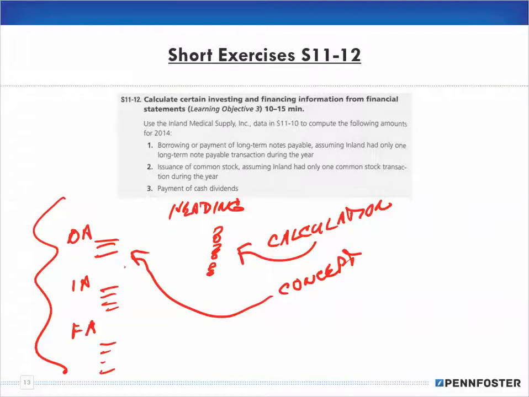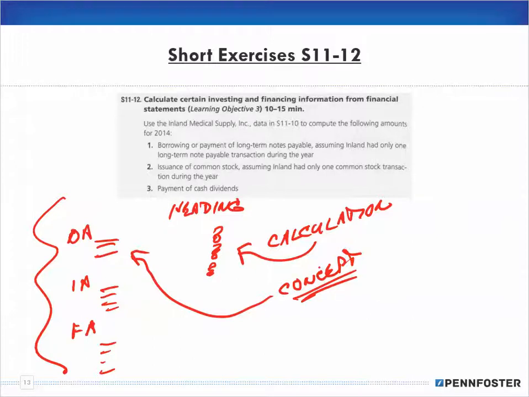But when you think about fixed assets, you have to take into consideration depreciation. That's what I mean by understanding the whole concept. You can look at an asset and see a beginning and ending balance, but you can't just subtract the two and say, oh, that's the change. No, you have to think about the entire concept. When you're looking at something like fixed assets, you have to consider depreciation.